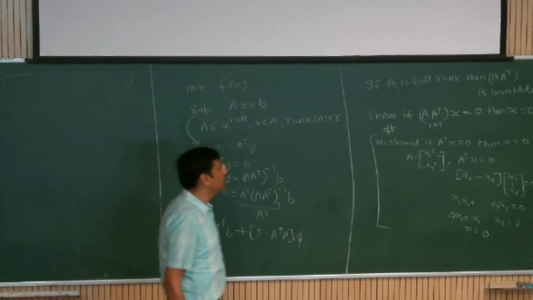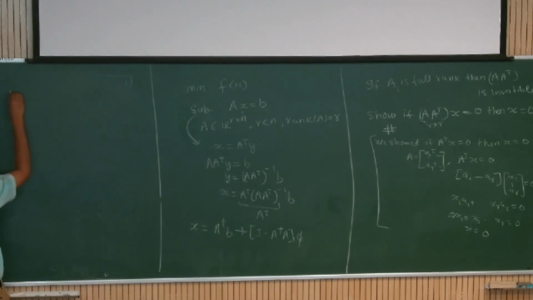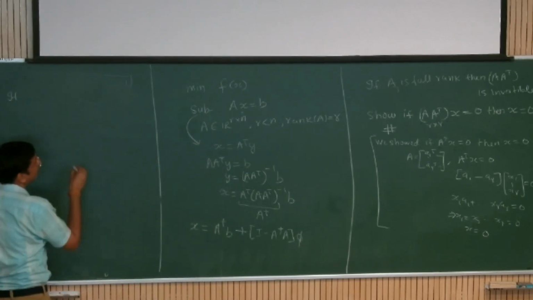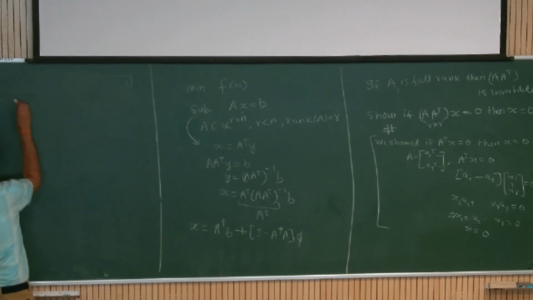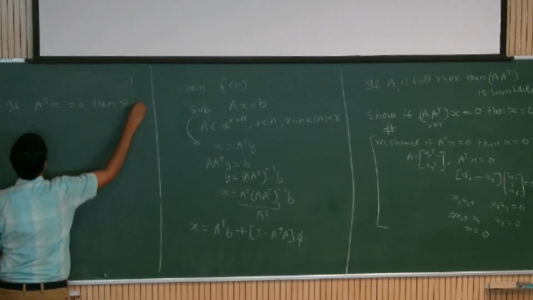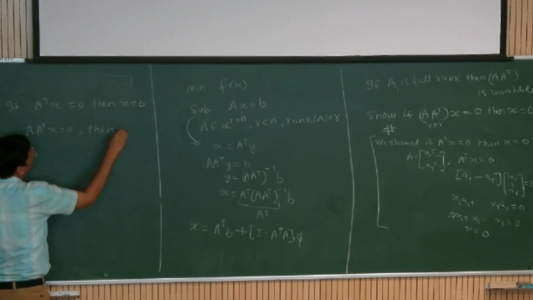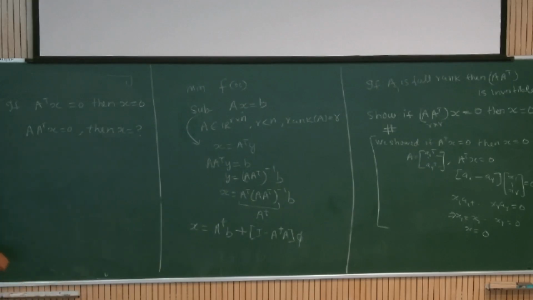Well, not exactly, because look, it's good that we're using this time. So we have shown if A transpose X is equal to 0, then X is equal to 0. This is what we showed. Now if I start with A A transpose X is equal to 0, then we have no idea what will happen to X, because this matrix is changed.